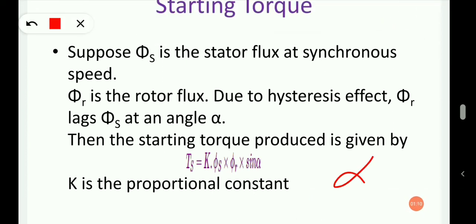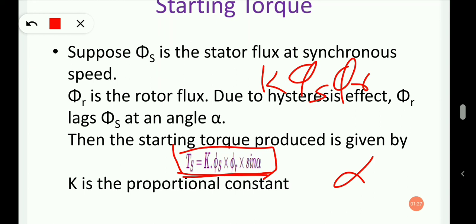Then the starting torque produced is given by Ts equals k into phi s into phi r into sine alpha. Okay, this is the equation for starting torque, where k is the proportional constant.